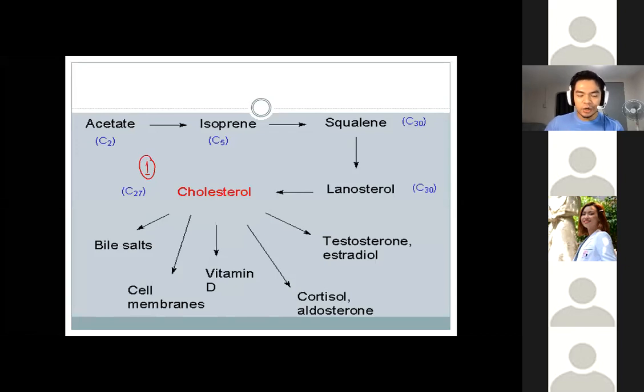Particularly, ang cholesterol ay ating raw material para makagawa ng testosterone, estradiol, which are sex hormones. Important din ang cholesterol for cortisol and aldosterone production, which are corticotropic hormones. And also, we have vitamin D, important din siya.